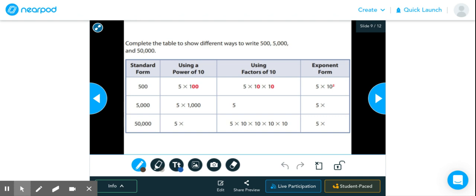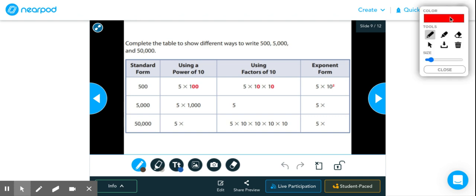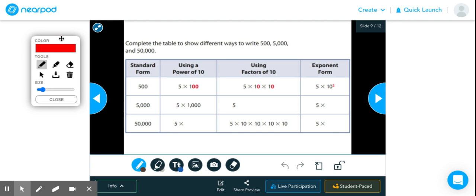All right. So hopefully you did try this in your notebook first so you can see how you did compared to what I put up here. This looks very similar. The only difference is instead of having a 3 that is shown in each of these rows, we're using 5, like 500, 5,000, and 50,000. So again, you can see in that first row, 2 zeros and 100, 2 tens used, exponent of 2.